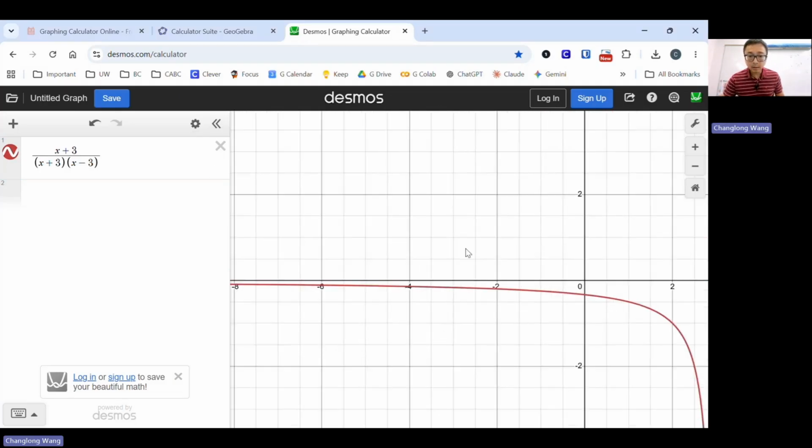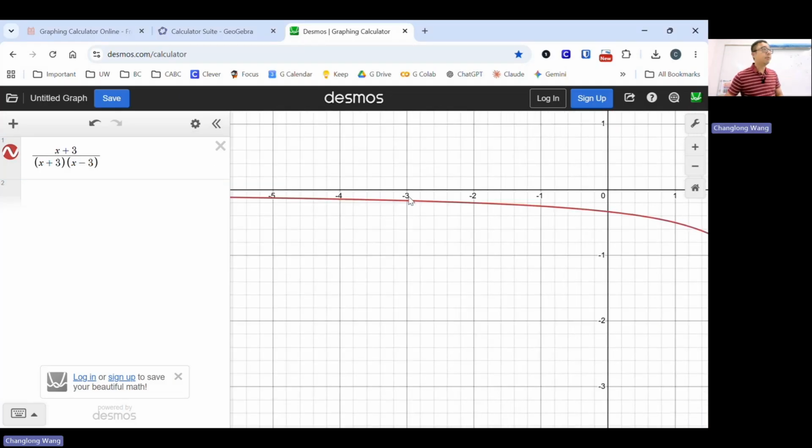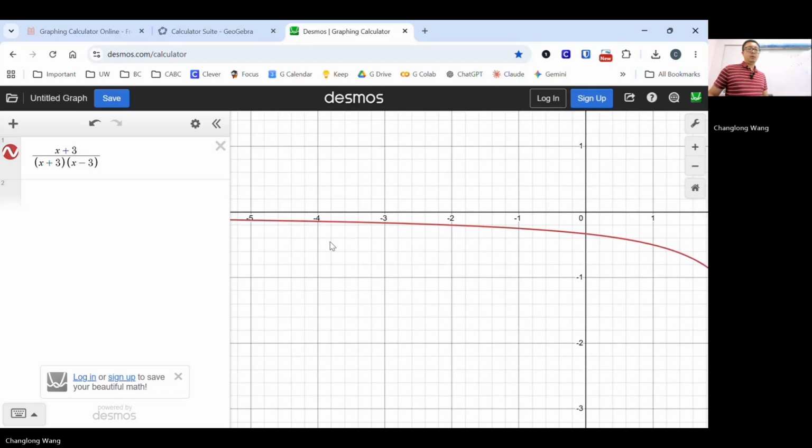Okay, so now let's see here. At -3, we expect a pole, right? But it doesn't show anything. That means if you don't know there's supposed to be a pole, you're probably gonna miss it.